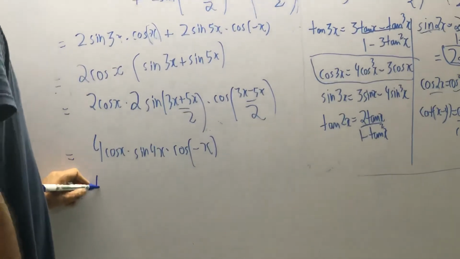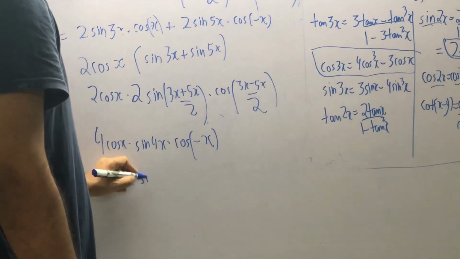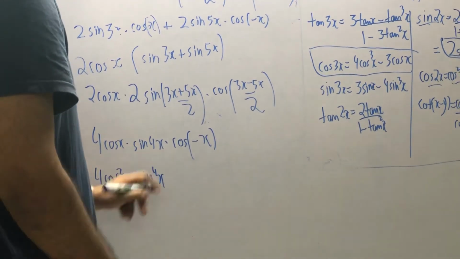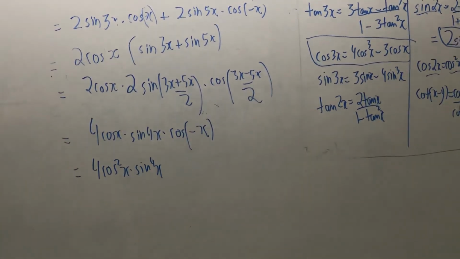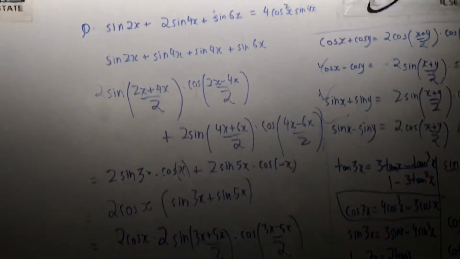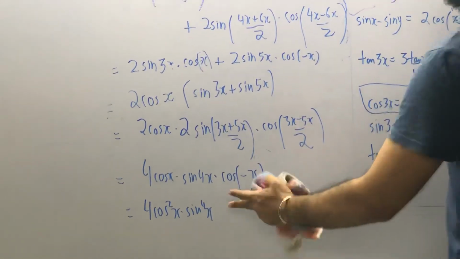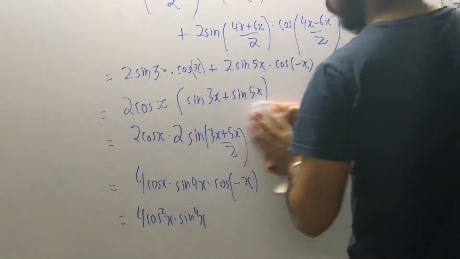This will be 4 cos square x into sin 4x. Okay, so this is this question. So you can see LHS is equal to RHS, hence proved.